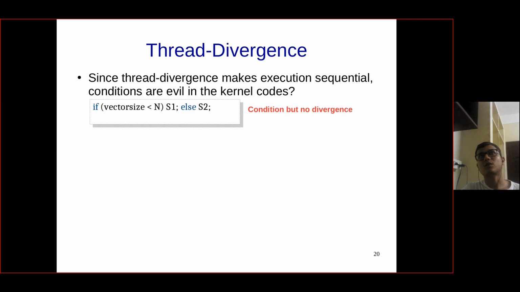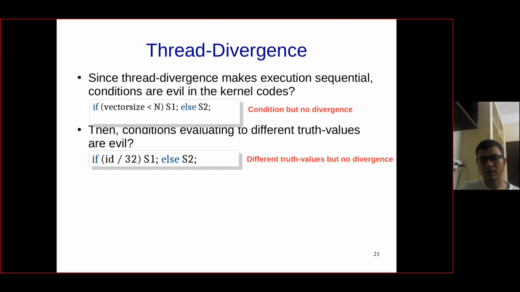So there is no divergence, because each and every thread of the warp is executing the same statement. The execution is not distributed across if else for the same warp threads. Hence, there is no divergence.